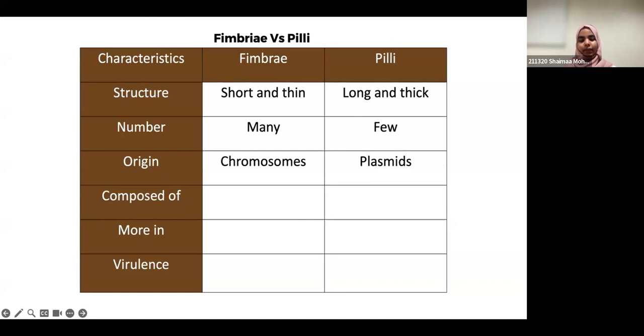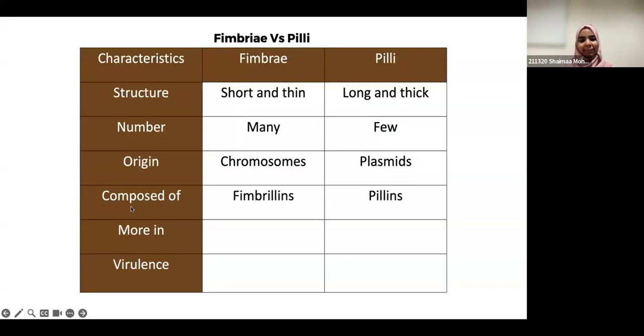And then composed of, like, what are the proteins? Fimbrillin, and pili? Pilins, and flagella? Flagellins, okay. And fimbriae are found in which type of bacteria? Gram-positive or gram-negative, or both? Both. And pili? In gram-negative.